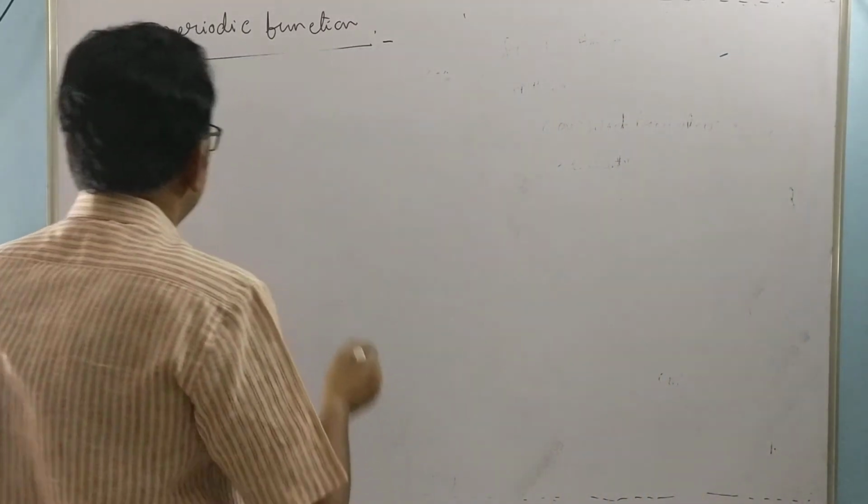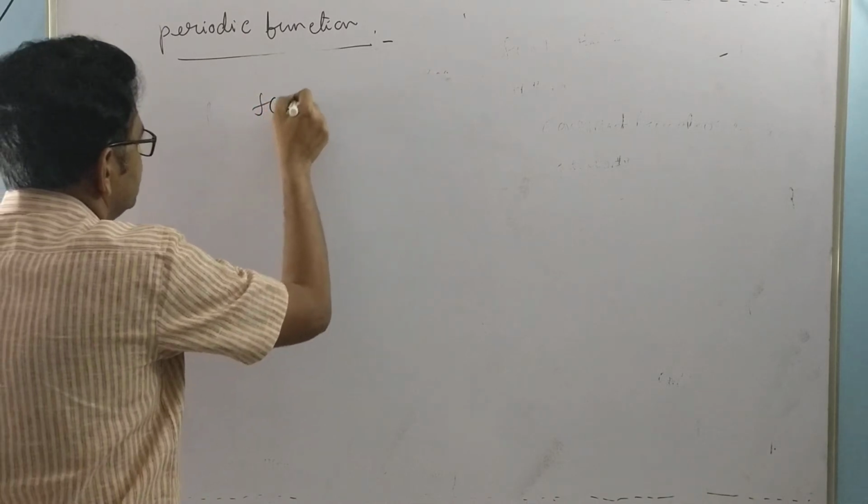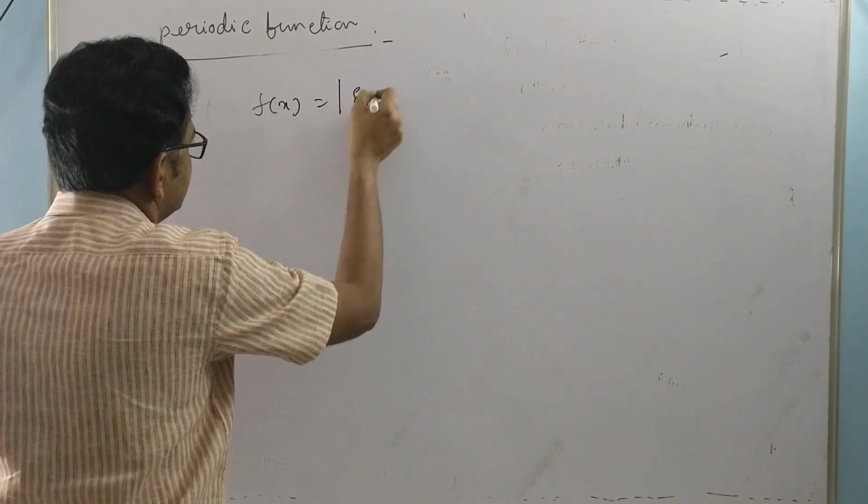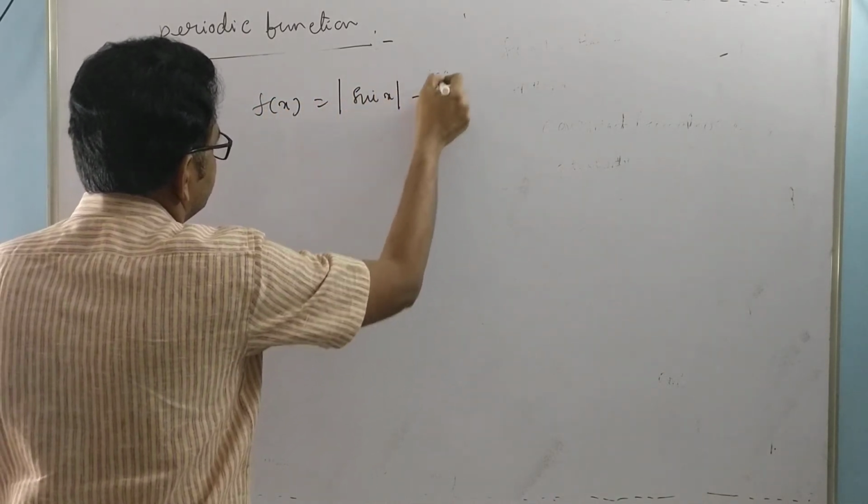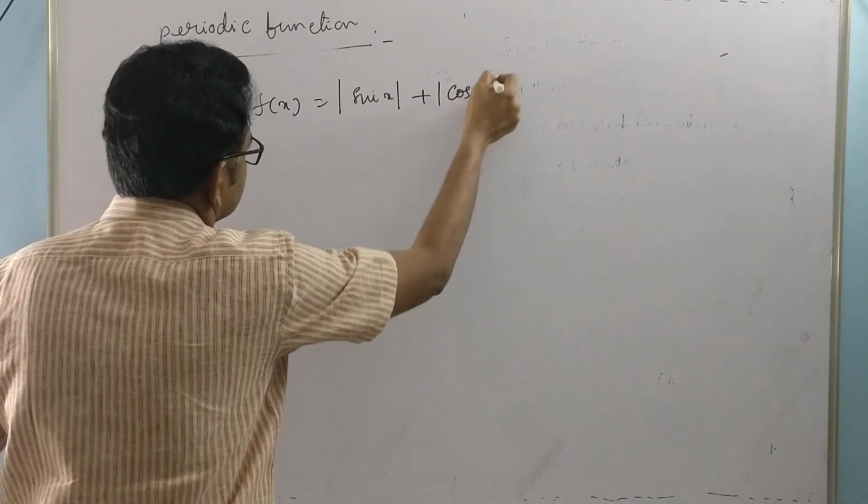Suppose f of x is equal to mod sin x plus mod of cos x.